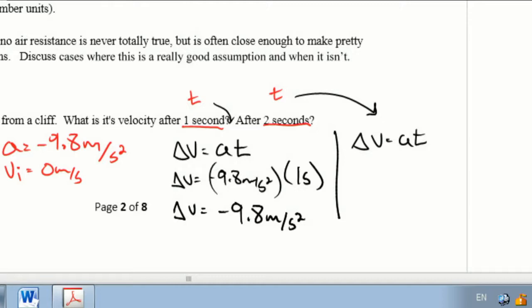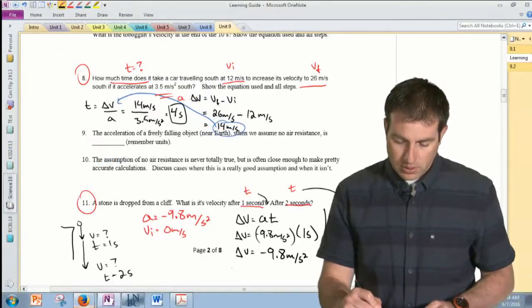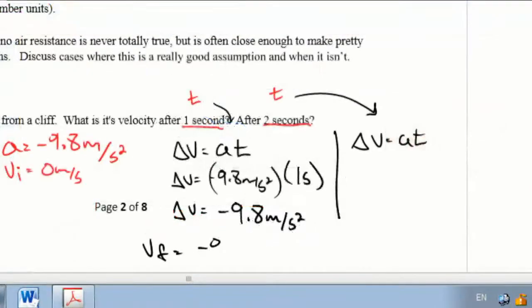That's weird. Or maybe it's not. If I know it starts from 0, then I know my final velocity at 1 second is negative 9.8 meters per second. I can write something like "at 1 second" just so I'm clear.